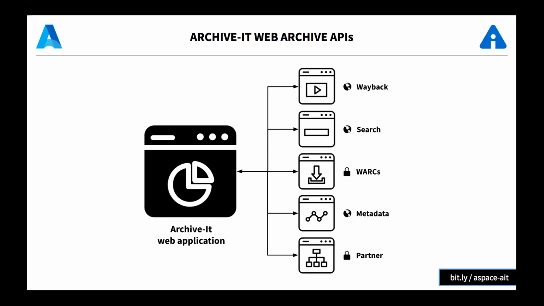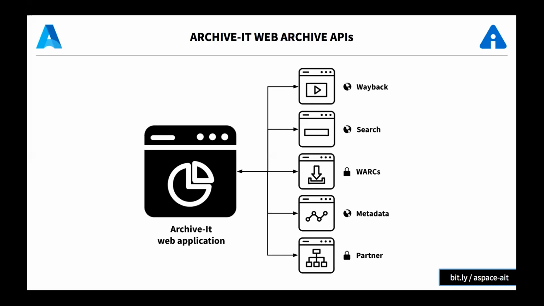And just to give you a high-level overview of what kinds of APIs we have available, and then I'll talk specifically about two of them. We have a Wayback API that includes all of the information about the captures of each website that's been captured, so that you could provide information about dates and times of capture externally within an external service.